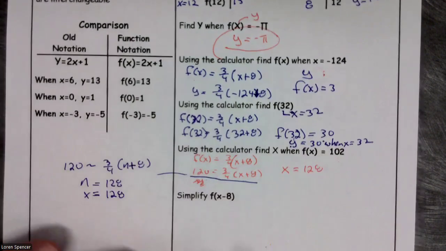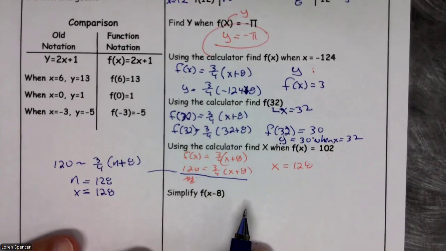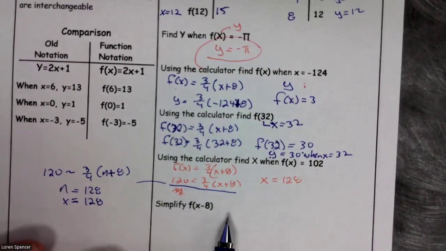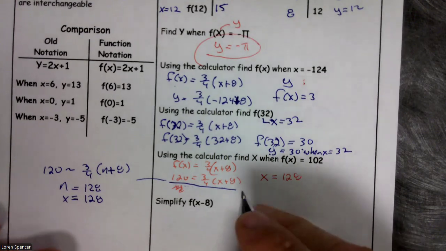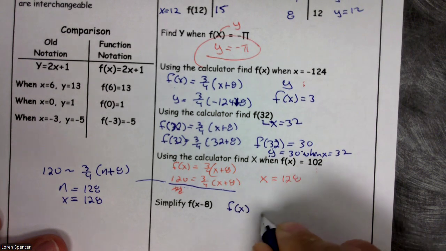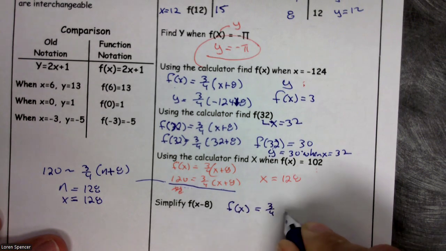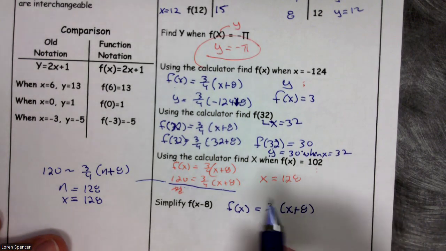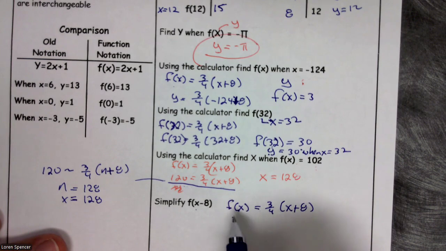The last one, simplify f of x minus 8. And by the way, this is going to be a little bit of a booger, especially if you hate fractions. So they're telling us our equation was f of x equals 3/4 x plus 8. But they're telling us f of x is the function performed on x minus 8.